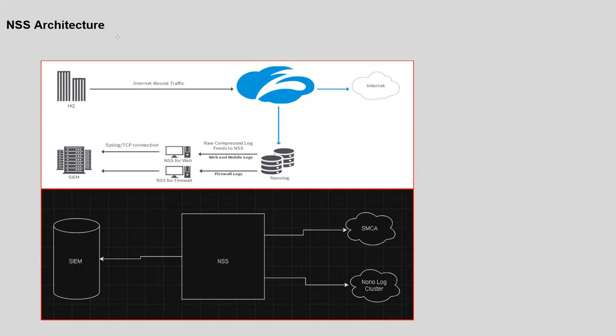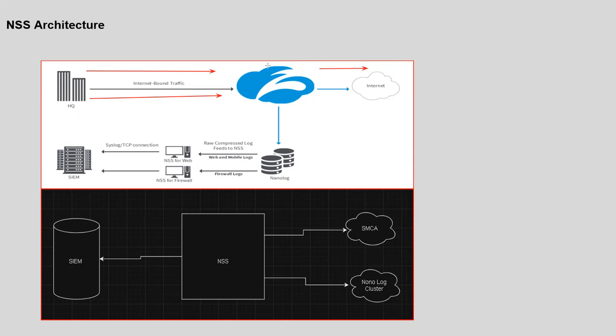Now, let's talk about the NSS architecture. If you see the picture on top, we already saw this picture in our basic training, and we understand the flow of traffic, right? The traffic comes from your headquarters to Zscaler, or maybe from a remote user to Zscaler. Zscaler processes that traffic and forwards it to the internet, to the destination.